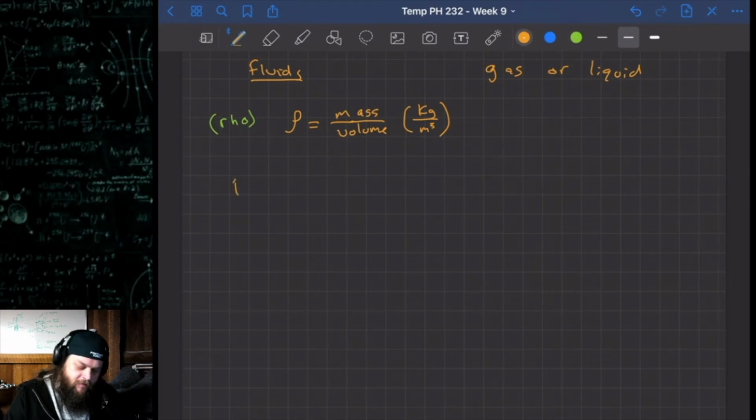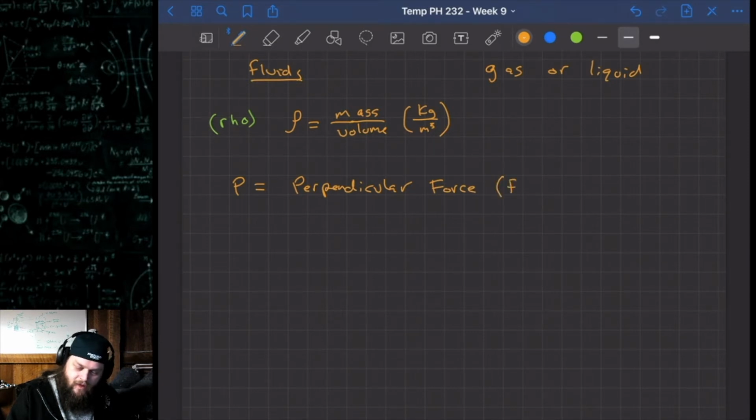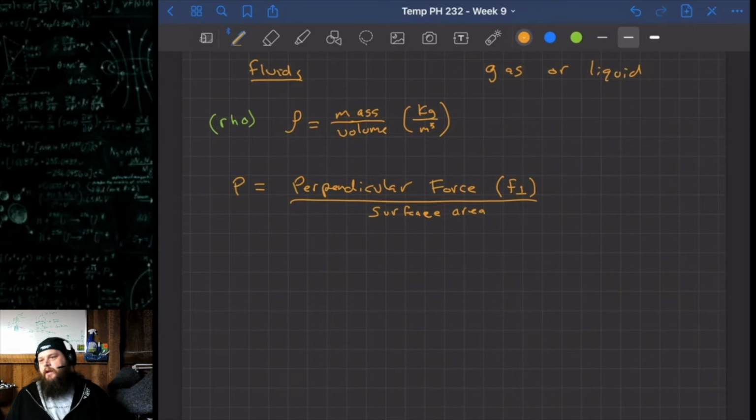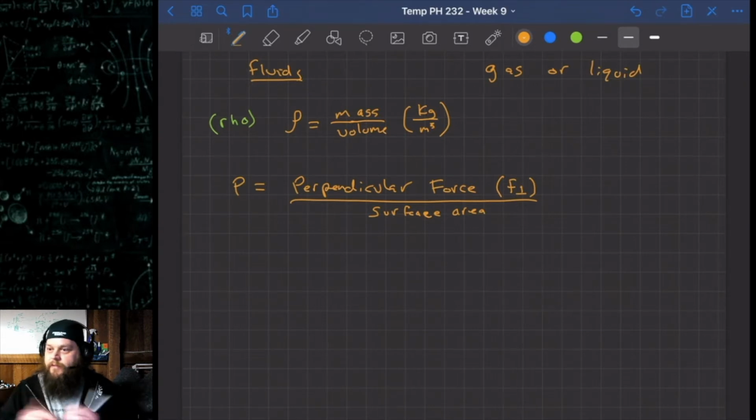Pressure is another thing, the big capital P, which is equal to the perpendicular force, and I often see it written as the force with a little perpendicular sign next to it, divided by the surface area that force is being applied on. So that force is distributed over a certain area, and we look at the force per area.